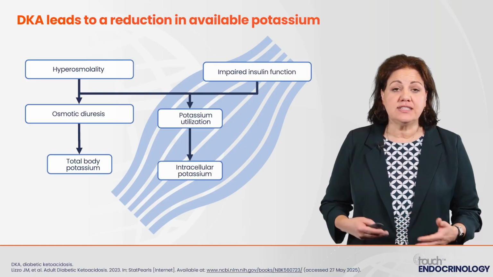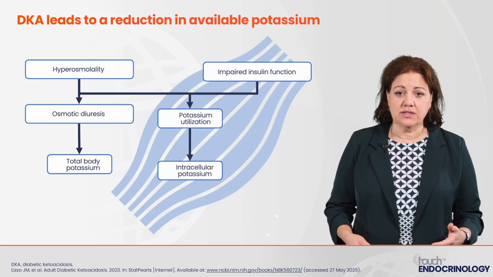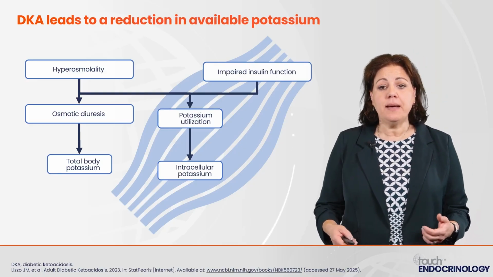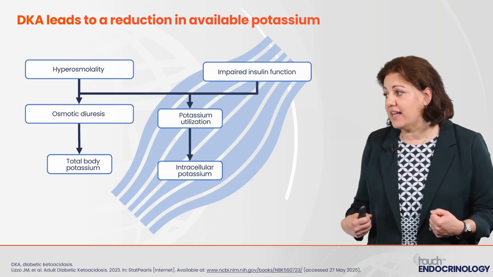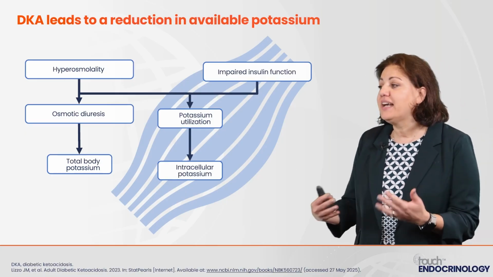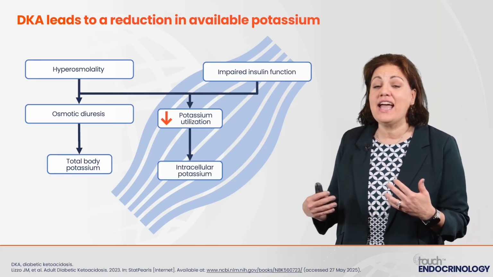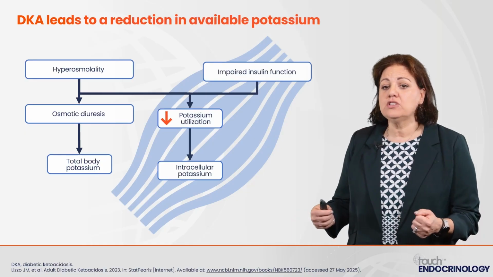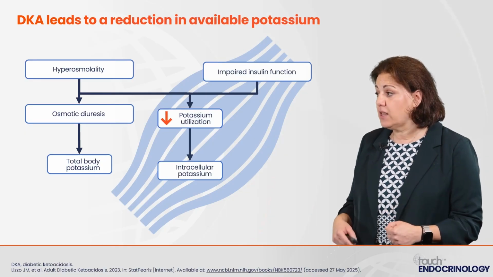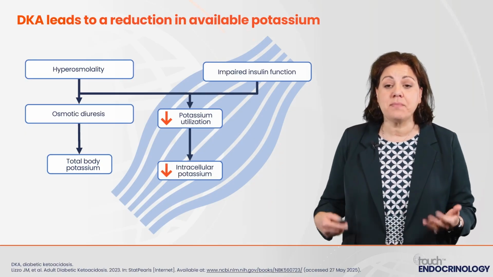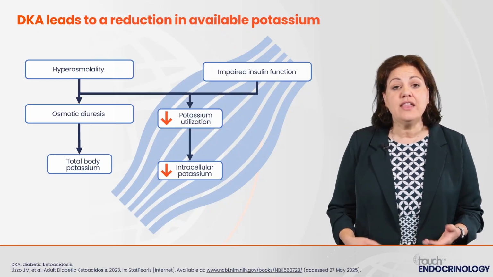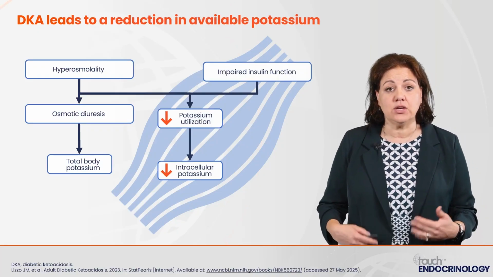As insulin function is down, acidosis occurs, and the body tries to buffer this by pushing hydrogen into the cells and exchanges for potassium. So potassium is going into the extracellular space. So intracellular potassium is low, and as osmotic diuresis occurs, there's loss of potassium in the urine.